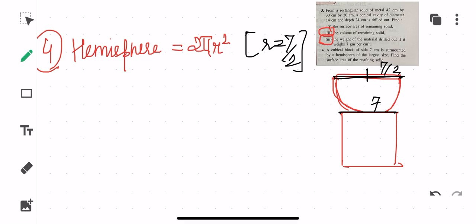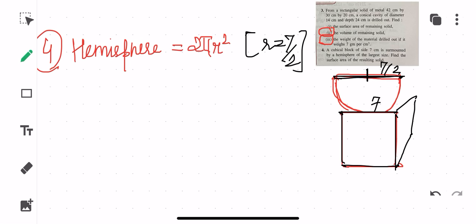Now what you have to do, you have to calculate the surface area of the cube. For the other 5 sides, because this is a 3D figure, children, as I told you, we have a total of 6 sides. For 5 sides the surface area will be equal to 5 into side square.